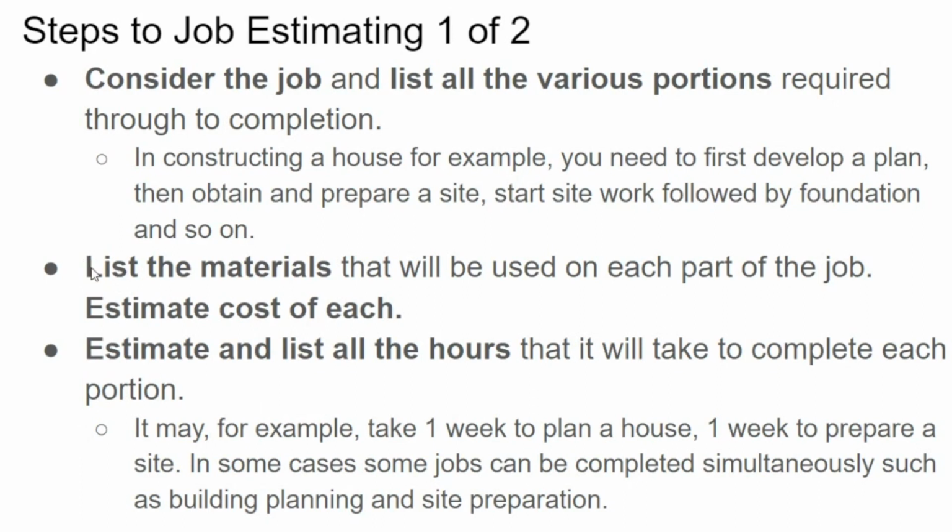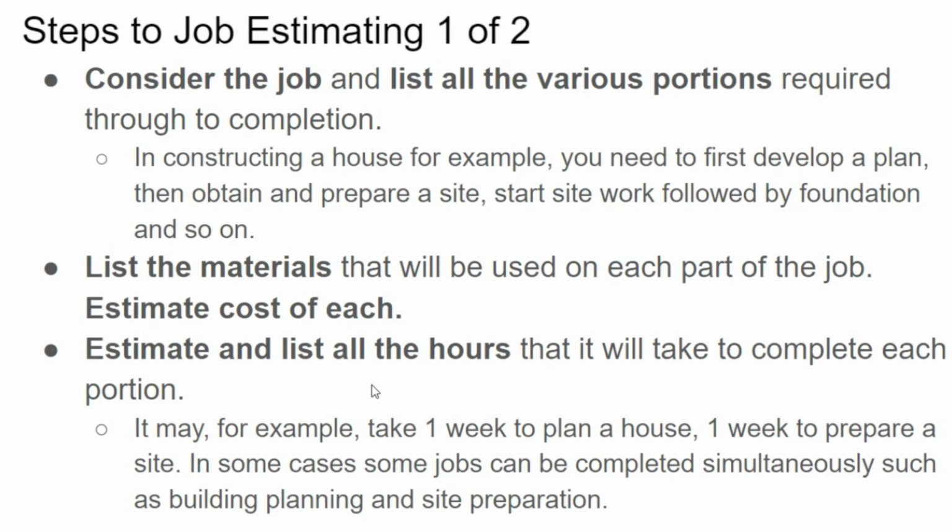So you list the materials, estimate the cost of each, and then estimate the number of hours it's going to take you to change that chunk of metal into a propeller. That could be a 4-hour venture, a 6-hour venture, a 10-hour venture. Your experience will really tell you how long.